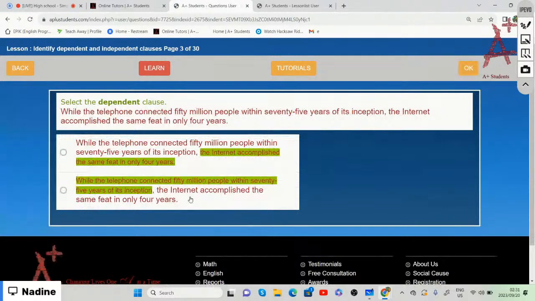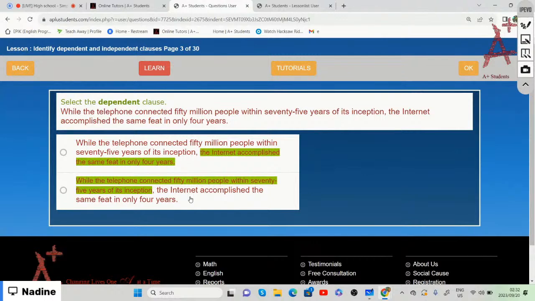While the telephone connected 50 million people within 75 years of its inception, the internet accomplished the same feat in only 4 years. So now we need to select the dependent clause within this sentence.